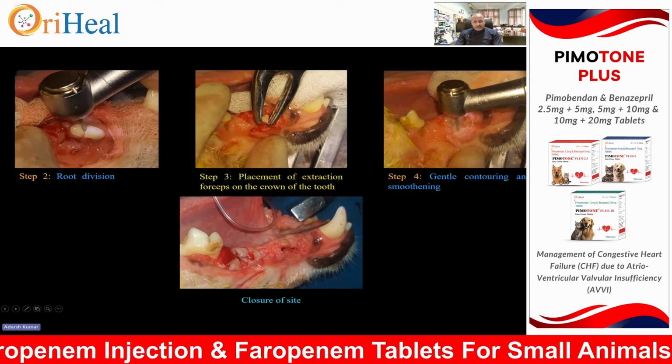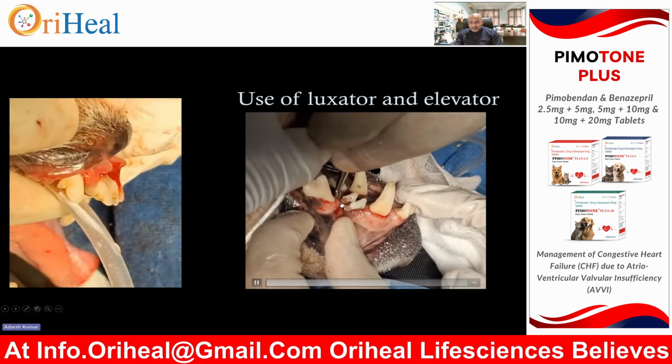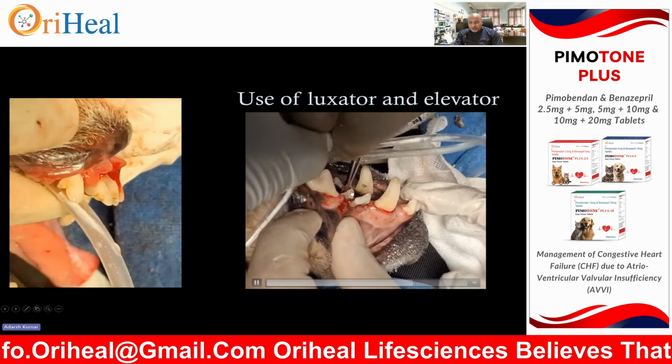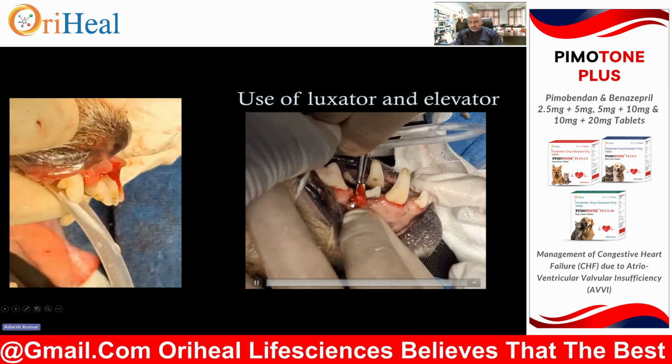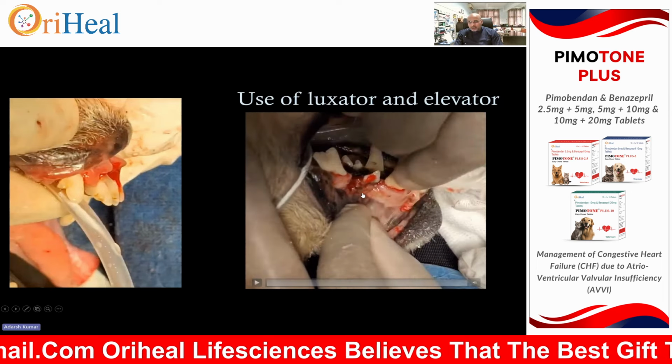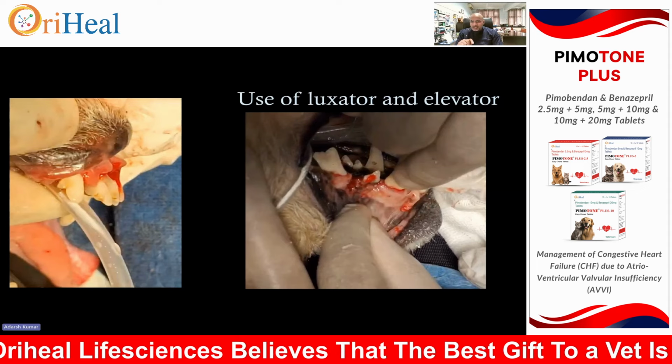The one is taken out. The other like this. This is again the fast forward. Don't do it like that. Be gentle. See, from all the angles in a rotatory motion, it has to be taken out. So here I'm using the elevator to take it out and using the luxator to luxate the PDL.